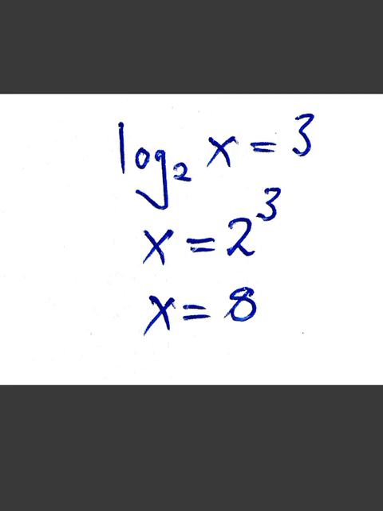Let's look at some further examples. So supposing you're given that log of x to the base 2 is equal to 3, find the value of x. So instead of trying to punch on the calculator, because you won't be able to find the value of x, you just express it back in exponential form, right?